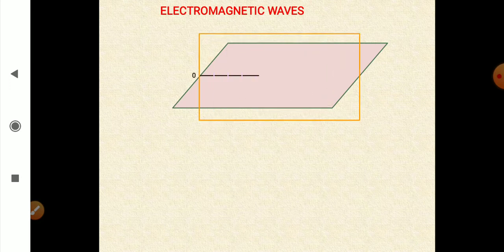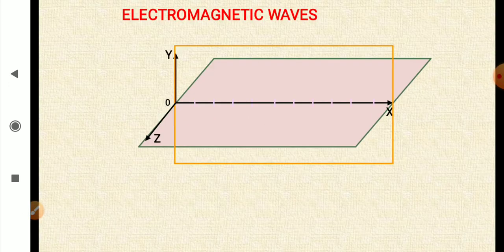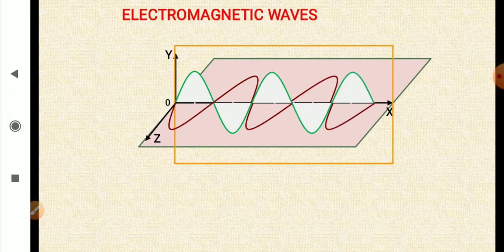So I have shown you three dimensions X, Y and Z. Now, electromagnetic waves consist of time varying electric and magnetic fields. You can see that I have shown electric field in XY plane and magnetic field in XZ plane.